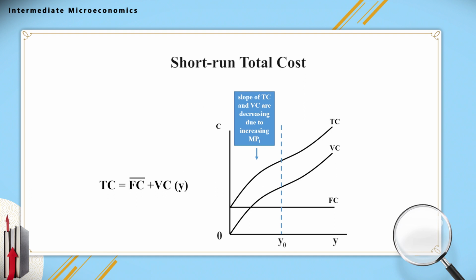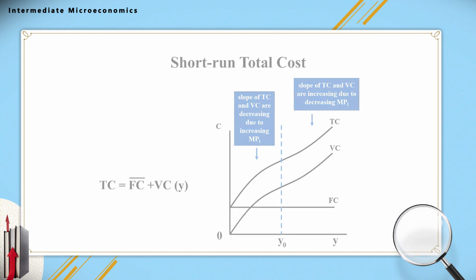After the output reaches Y0, the marginal product of factors is decreasing. That is, the marginal amount of input that needs to be added for one additional unit of output gradually increases. So the total cost and variable cost have increasing growth rate.